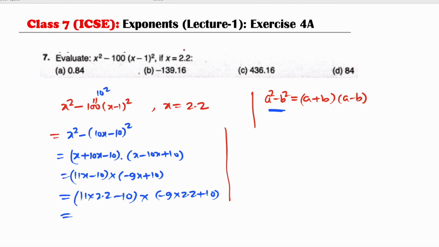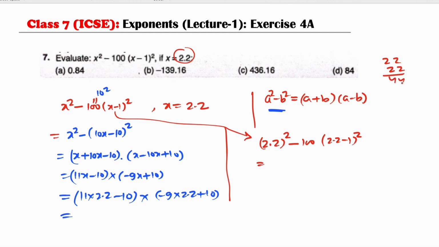We put the value of 2.2 here in this question. Let's put 2.2 to the power 2 and this is 100 into 2.2 minus 1 to the power 2. So multiply 22 into 22, this is 484.